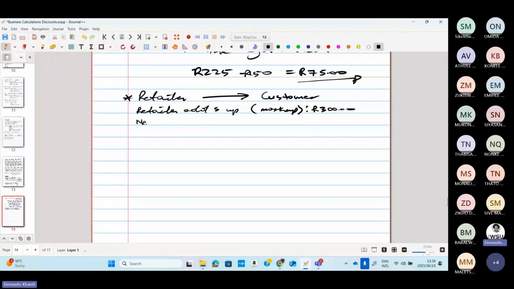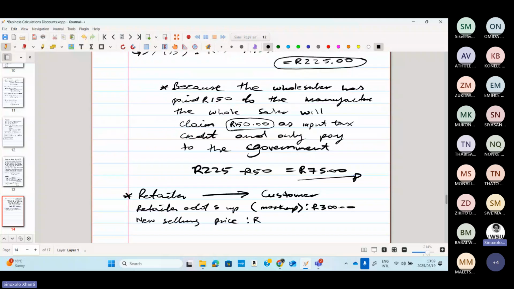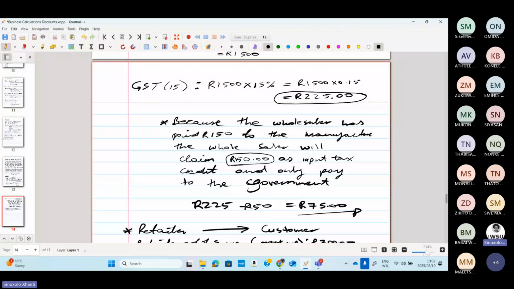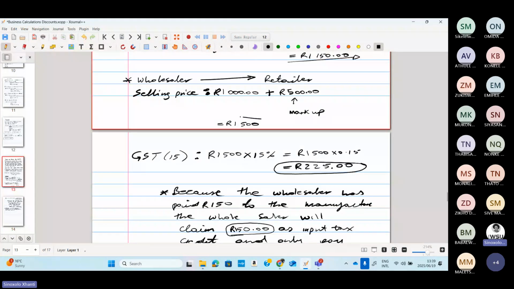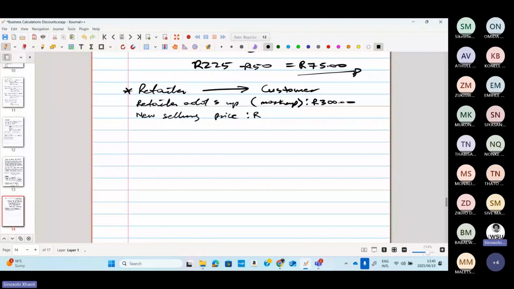The new selling price is going to be, because they bought this product for, what was the selling price here? For 1.5. They bought this product for 1.5. They decided that, okay, fine, it's going to be 1.5 plus 300, which is 1,800 rands. So the new selling price is going to be 1.8.